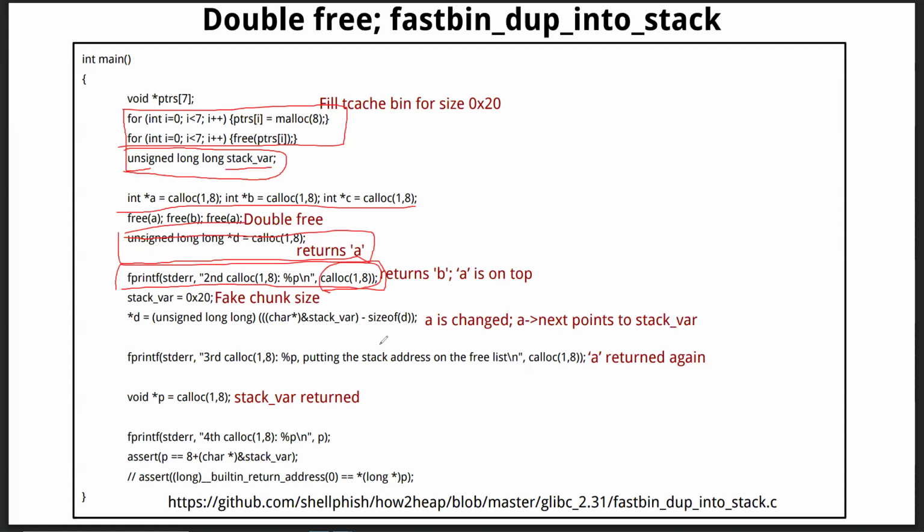So technically A right now is being used, so A does not have a next pointer. Then we have a local variable here. We just set its value as some value, like in this case, 32, which is the size of the smallest malloc chunk here. We're going to use this as size.